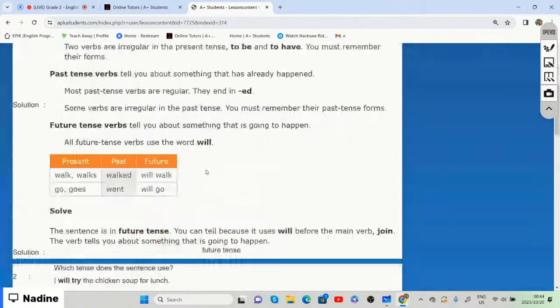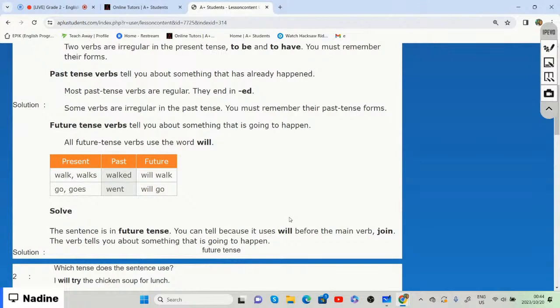And then we have the future verb tense, which tells us about something that is going to happen.